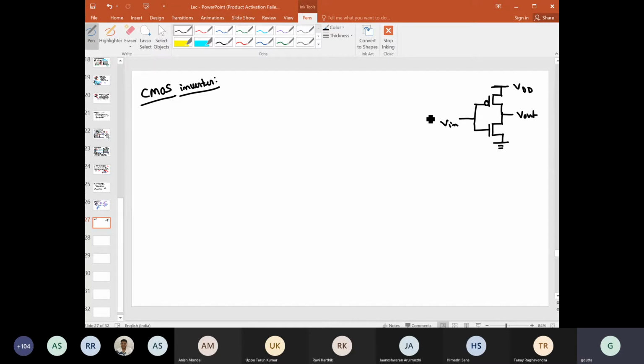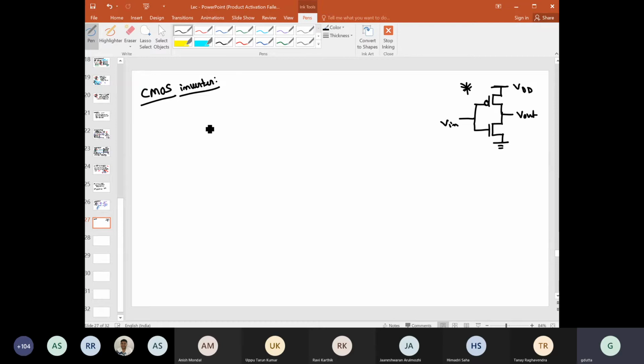Before that, we should have some introduction: where this design has come from, why the PMOS should be at the top, why not the PMOS at the bottom or vice versa, why not NMOS at the top, or NMOS in both places, or PMOS in both places. We should try to understand this first, and then you will understand the beauty of this structure. So we'll keep this idea aside, at least on this page, and come back to this structure after some time.